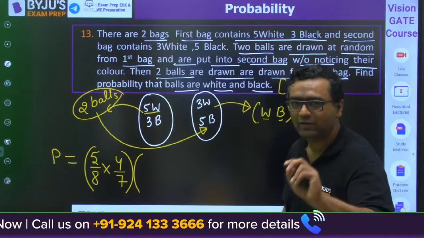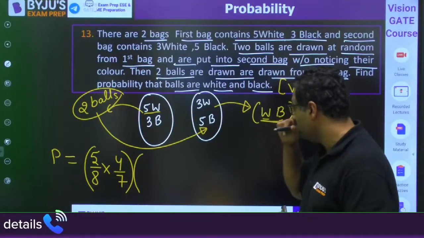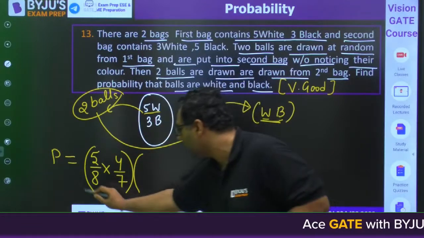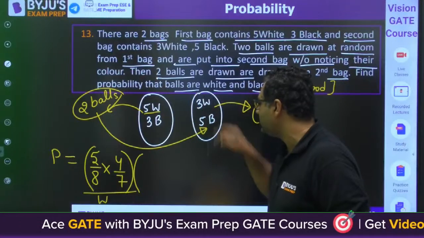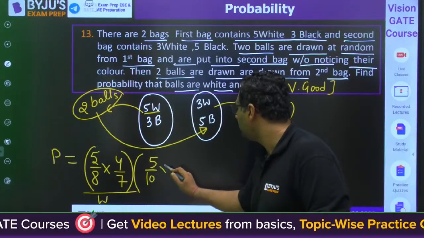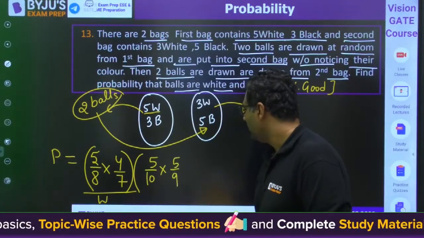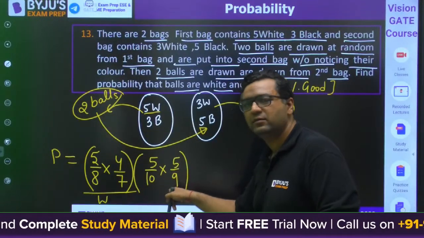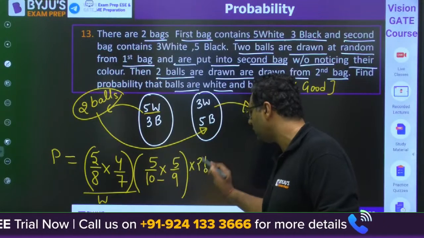So here factorial will come. So I will find out the probability of one case and multiply with the 2 factorial. So if I am putting 2 balls here, both were white. Remember, both were white. So when both were white, now total 5 whites are there. So 5/10, and next will be black, 5/9. And it may be first white, second black, second white, first black. So for that I will multiply it with the 2 factorial.